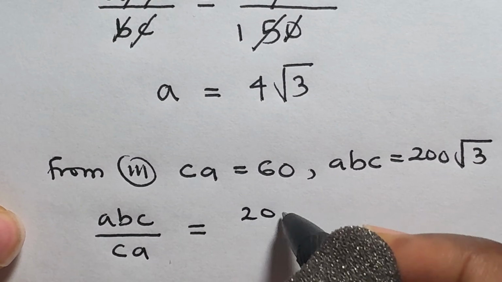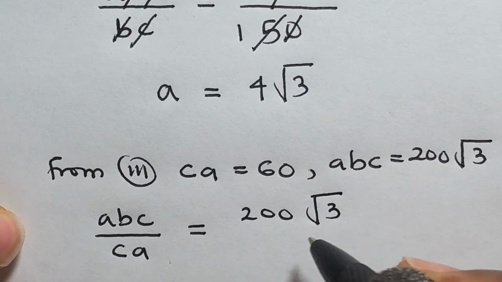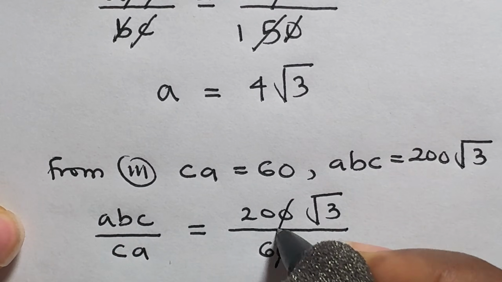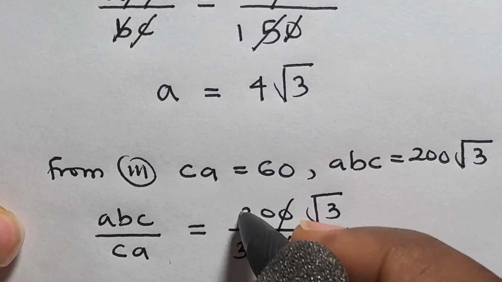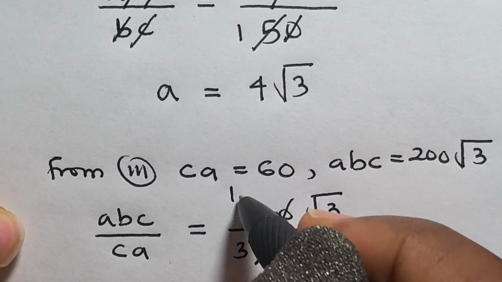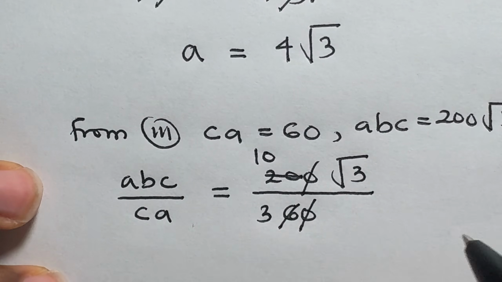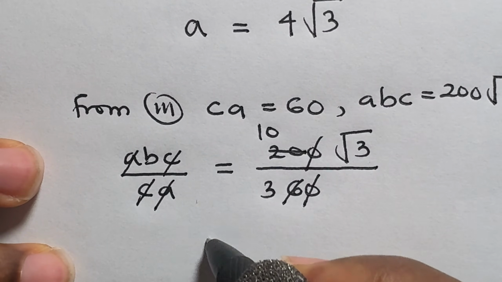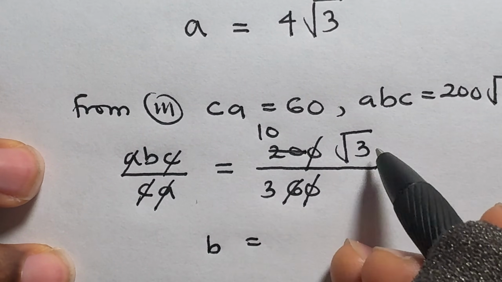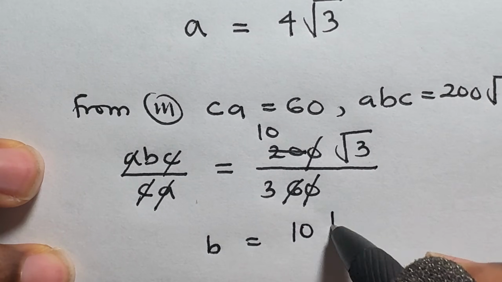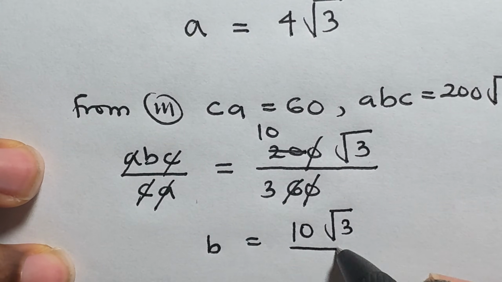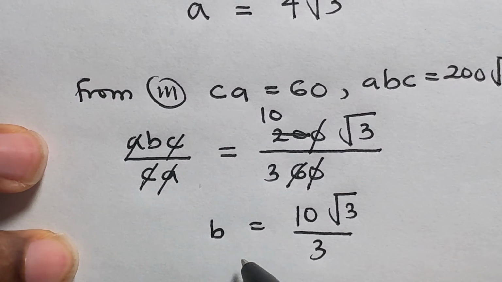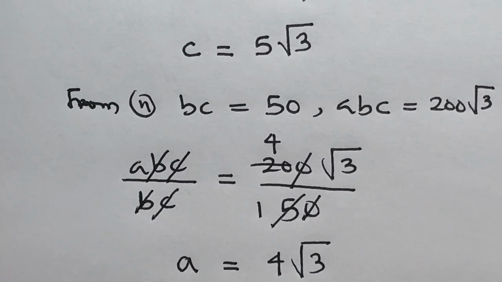This will give us 200 root 3 divided by 60. This takes care of this. 2 here is 3. 2 in 20 is 10. On the left, we have A cancel A here, C cancel C. This will give us B is equal to 10 root 3, then divided by 3. So we have values for A, B, and C.